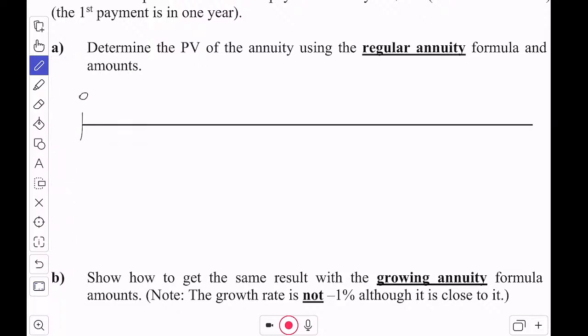So it's 5 payments. 1, 2, 3, 4, 5. 5 payments of $500. And to be clear, I'm going to put at the top that these are nominal.